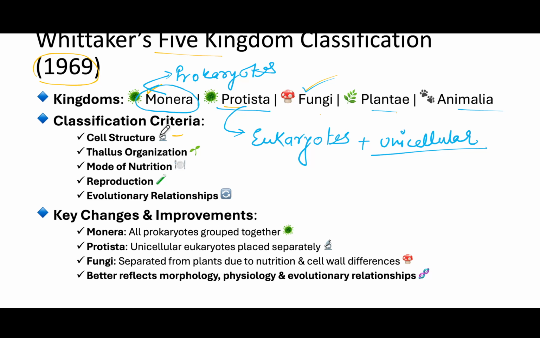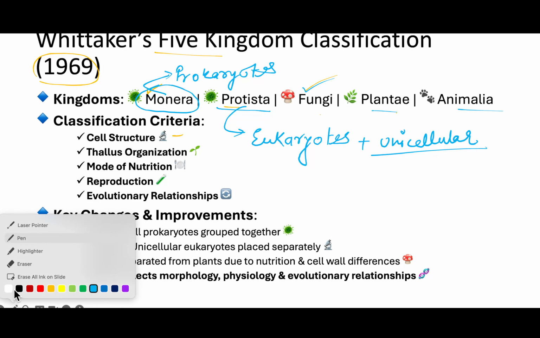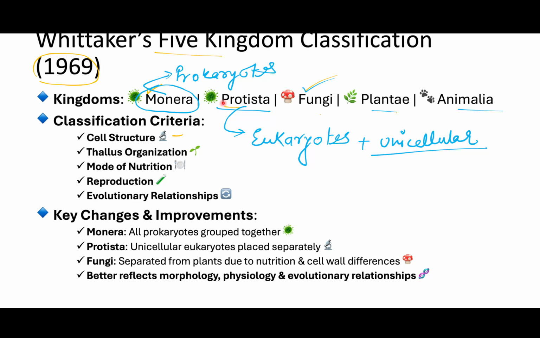Let's revise it one more time. These are Monera, Protista, fungi, plant, animalia. What is the key feature of kingdom Monera? They are prokaryotes, so definitely they are unicellular. Unicellular prokaryotes belong to kingdom Monera, and unicellular eukaryotes belong to kingdom Protista.